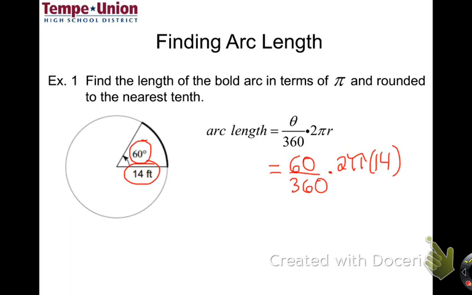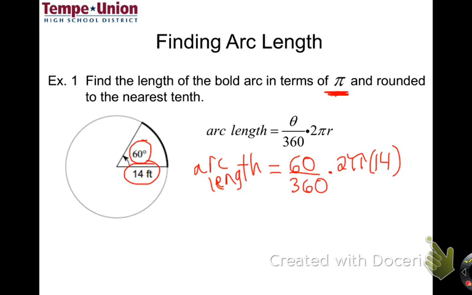Now this one says that they want us to write it in terms of pi. If you ever have those directions where they want you to write it in terms of pi, that means they want pi to still be in the answer. So what we'll do is we will multiply all the numbers together except for pi. So just ignore the pi and multiply all the other numbers together.